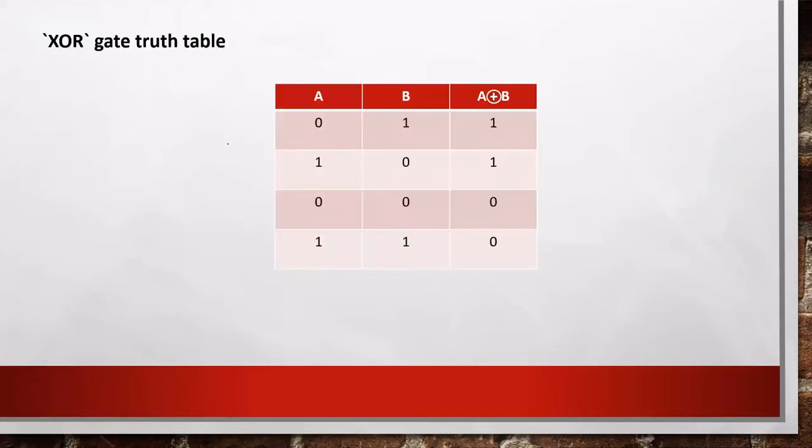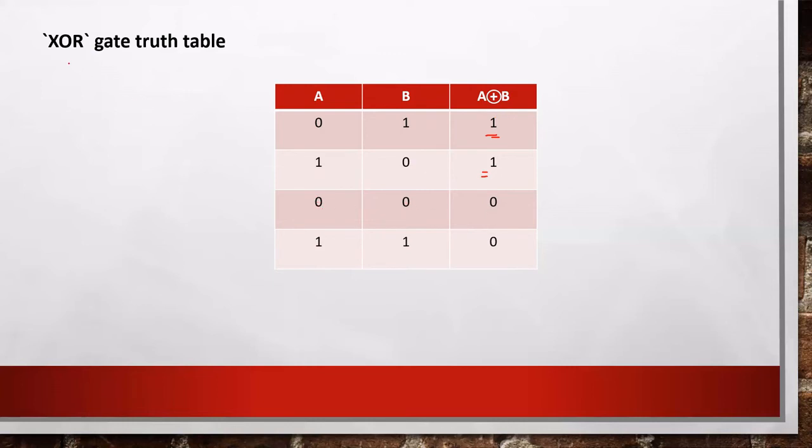Let's see how the truth table looks. As per a typical OR gate, if you pass 0 to A and 1 to B, 0 plus 1 is 1. So that will be there. If you pass 1 and 0, 1 plus 0 is 1, and that will be there. If you pass 0 and 0, 0 plus 0 anyway is 0.